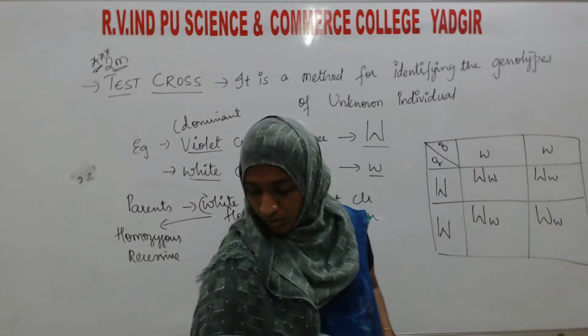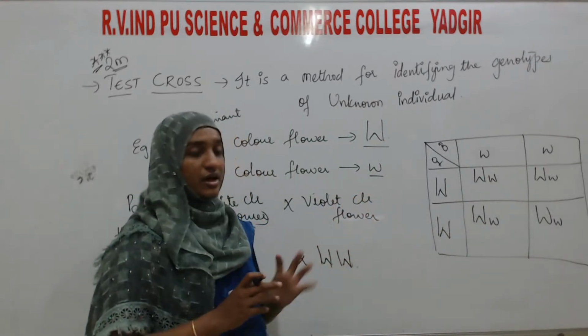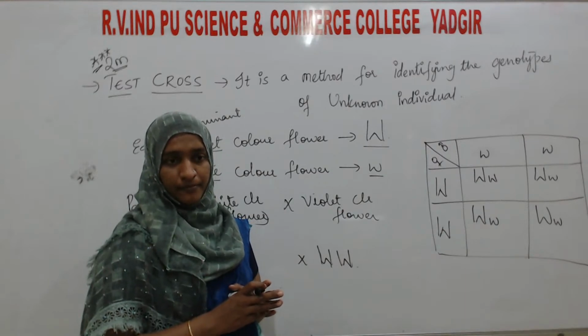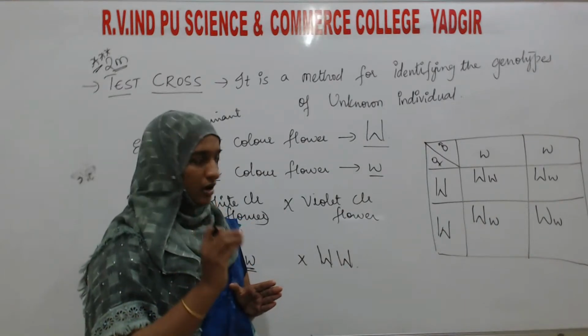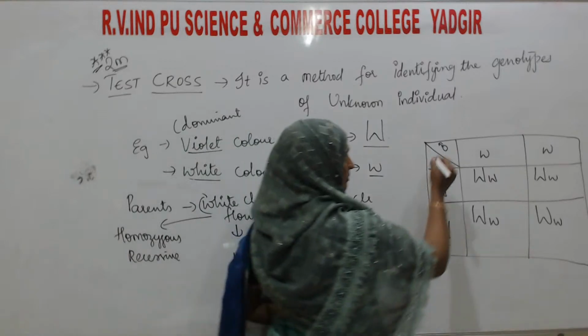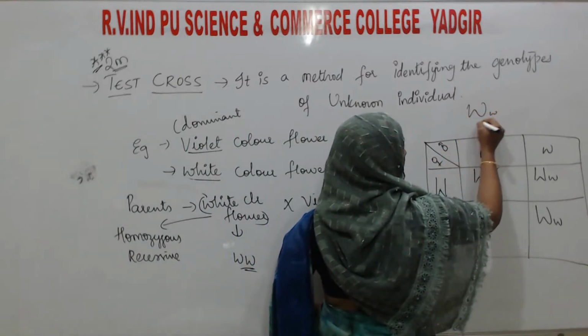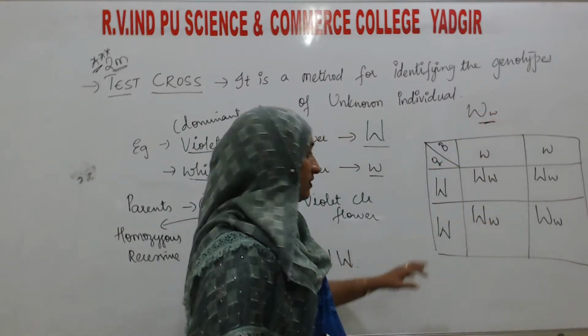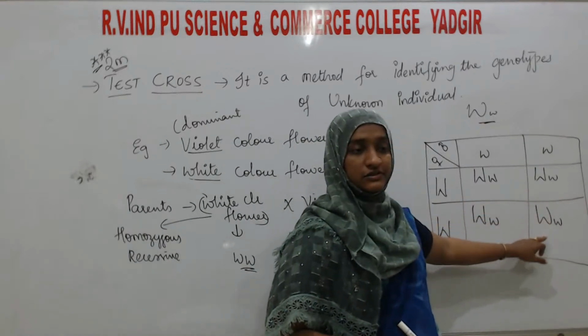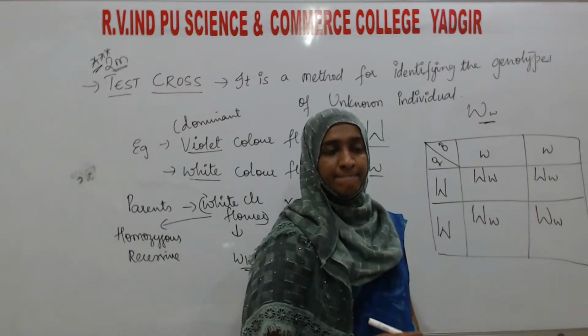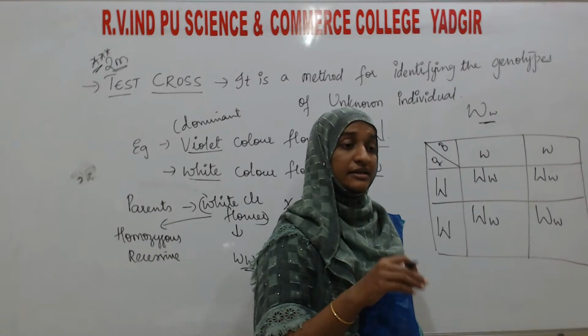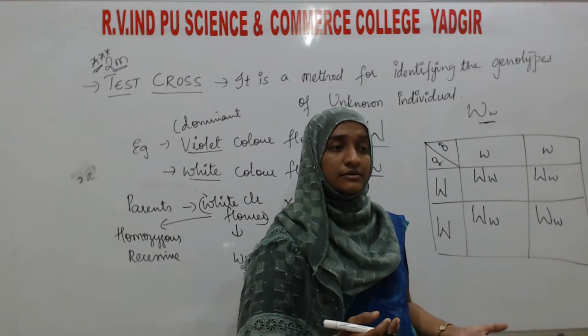Now tell me what color the flowers will be. Yes, sir. All of them are capital W and small w. What will be the color of the offspring, violet or white?